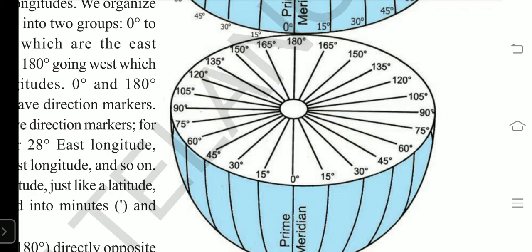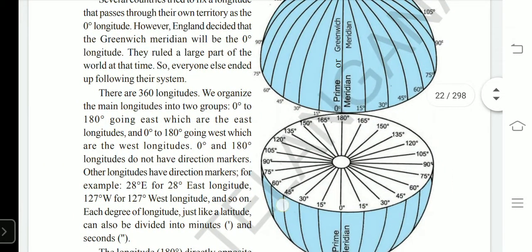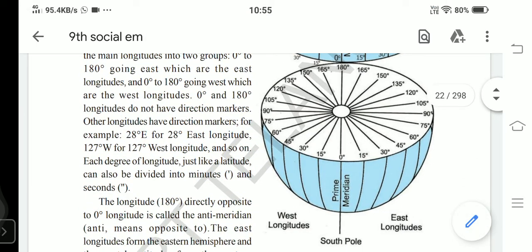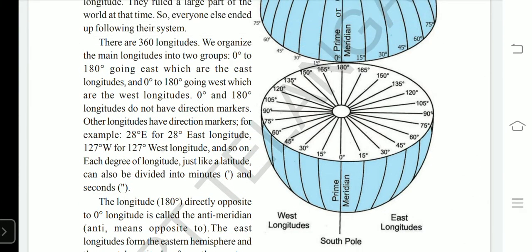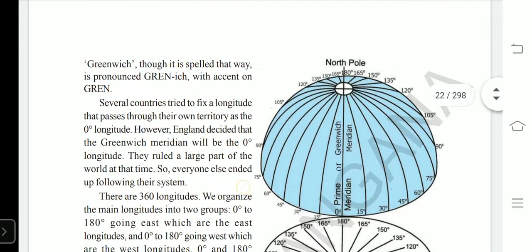And longitudes are vertical lines, and they carry either east or west directions. Suppose you have taken 30 degrees here, that is in the Western Hemisphere, but instead of mentioning west, you have mentioned north or south. It becomes wrong, because longitudes will carry either east or west, whereas latitudes will carry north and south, right?